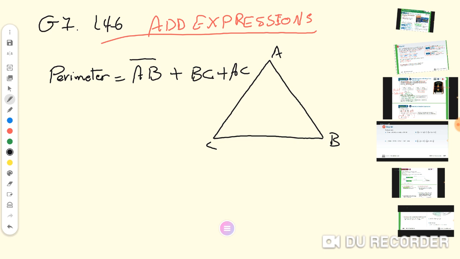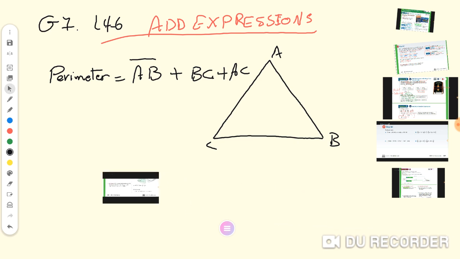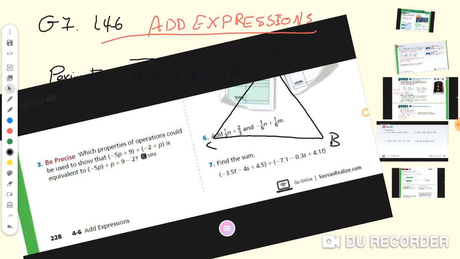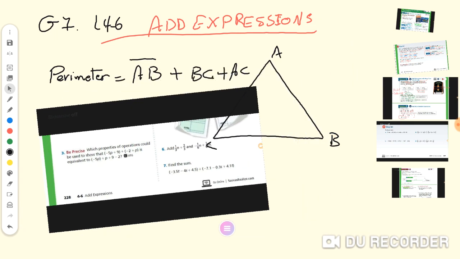Actually, our example... I think I don't have the document of it. Let's see if it's this one or not. No, it's the next page.